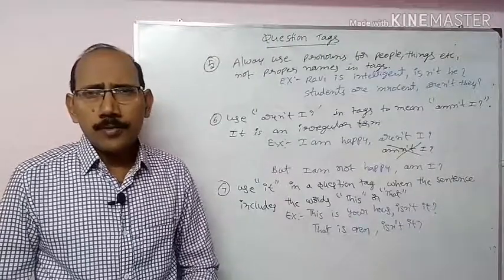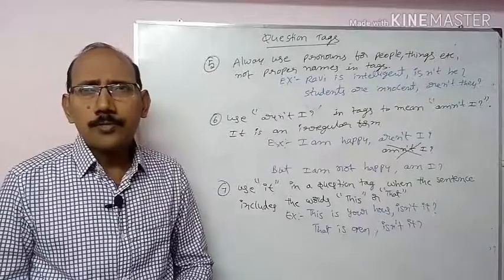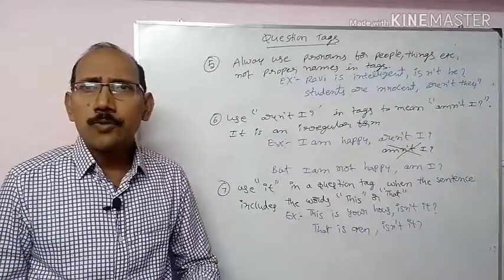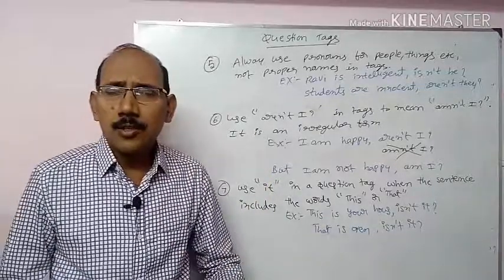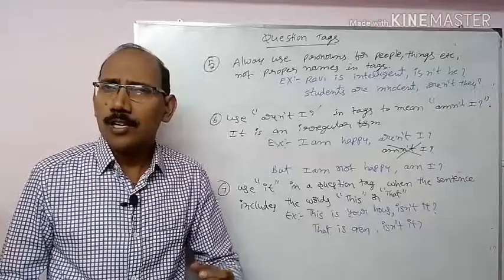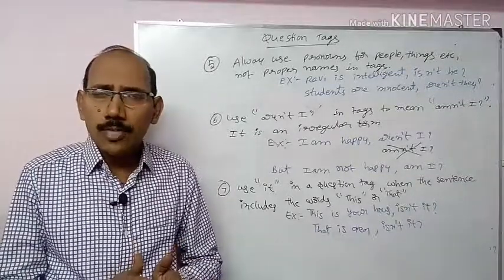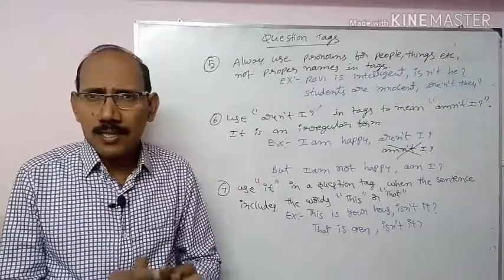Look at the fifth point. We need to use only pronouns in question tags. We are not supposed to use proper nouns. Look at one example. Ravi is intelligent. Don't say isn't Ravi. Ravi is intelligent, but you are not supposed to say isn't Ravi. We have to use only the pronoun of Ravi, that is, isn't he.